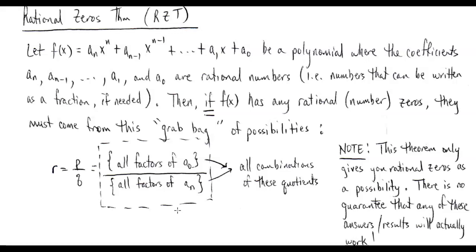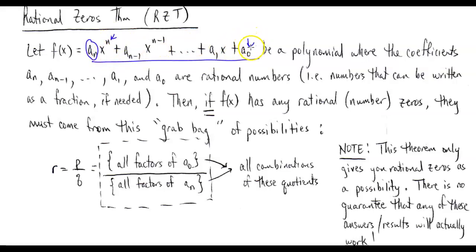So we see here that the rational zeros theorem says if we let f of x be some polynomial, and of course, all of this is just mathematical jargon to give you a polynomial in general, where this a sub n here is going to be the coefficient for the leading term, which is the term that has the variable with the highest exponent.